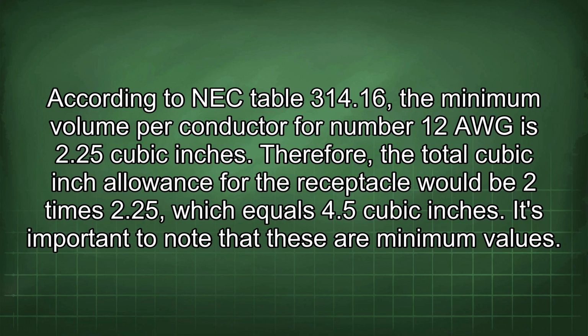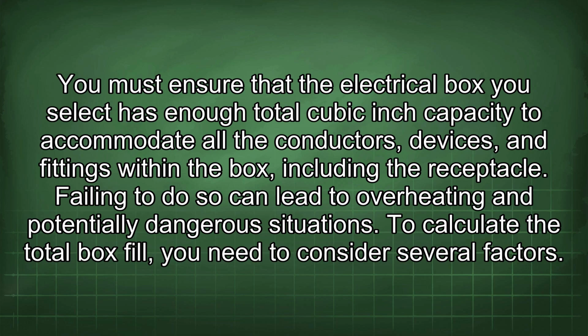It's important to note that these are minimum values. You must ensure that the electrical box you select has enough total cubic inch capacity to accommodate all the conductors, devices, and fittings within the box, including the receptacle. Failing to do so can lead to overheating and potentially dangerous situations.